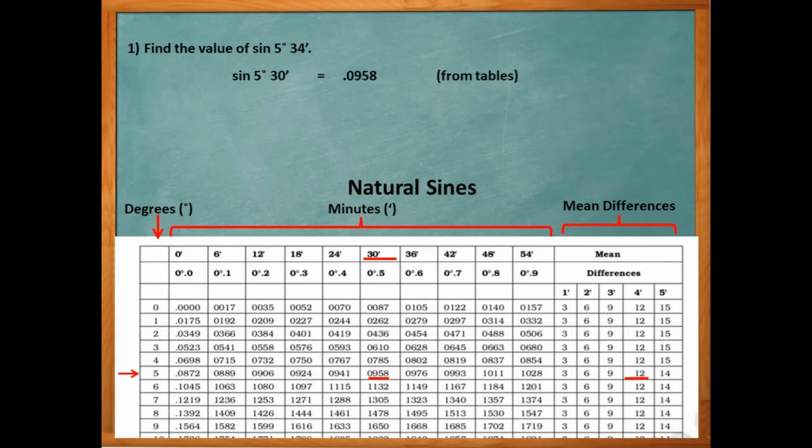And 12 is actually 0.0012. And we will add it to the value of sine 5 degrees and 30 minutes, which is 0.0958, and the sum is 0.097. So therefore, sine 5 degrees and 34 minutes is 0.097.